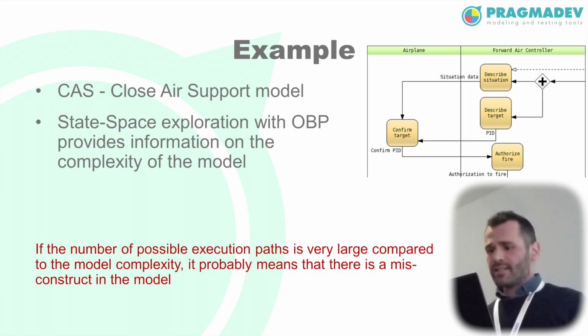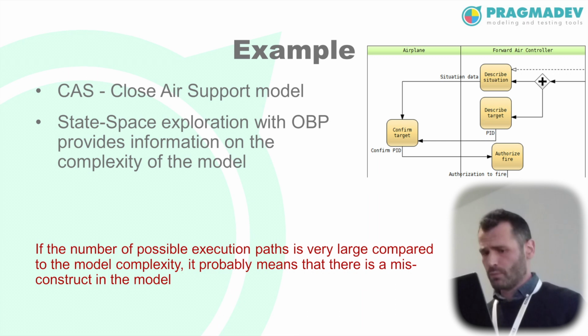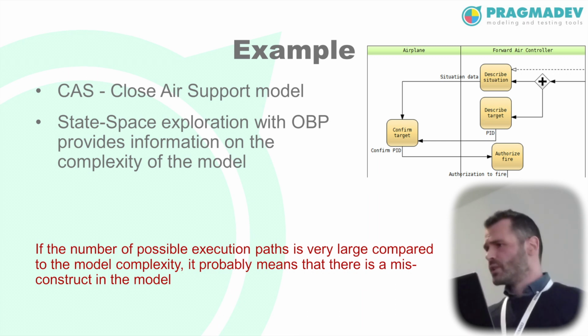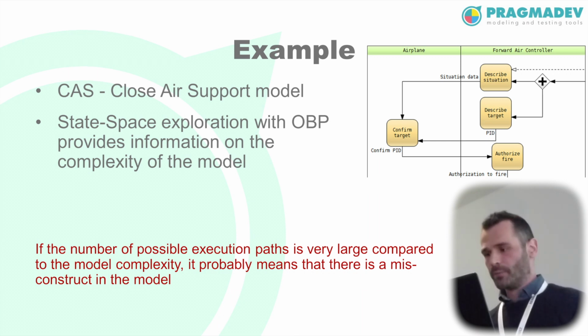As an example, this is a very small part of an example coming from the DGA. It's called the closed error support model. First, we didn't have any properties defined to verify. With no property defined yet, the only result we can get from this exploration is the number of possible scenarios or possible states of execution.